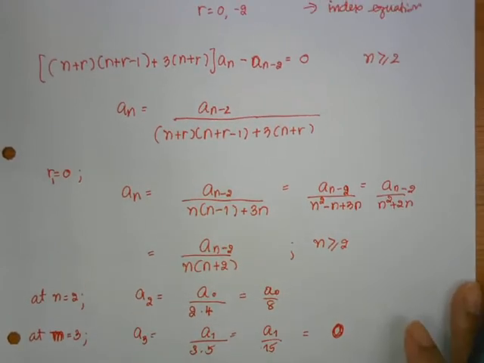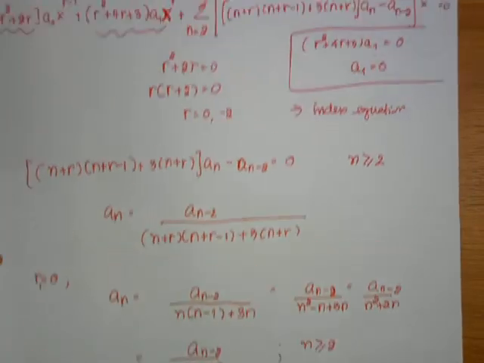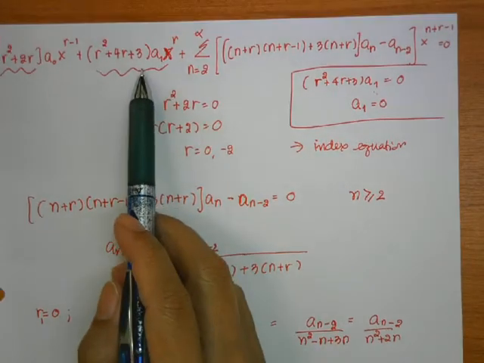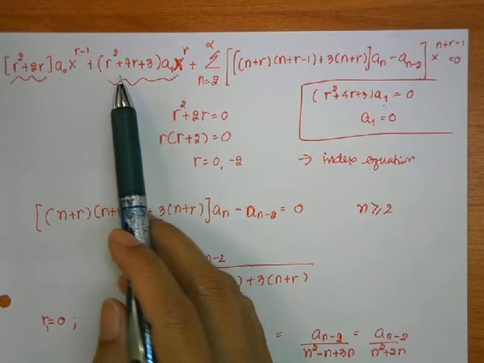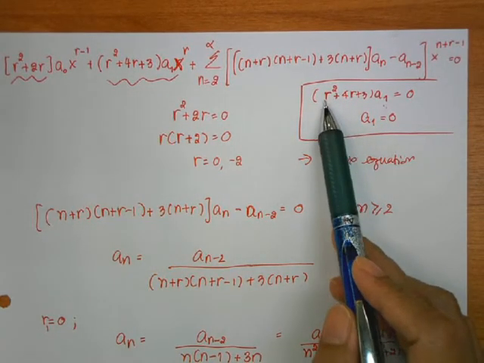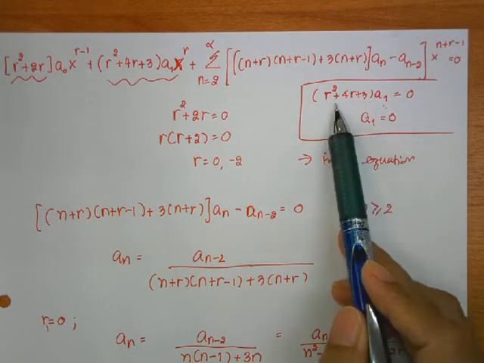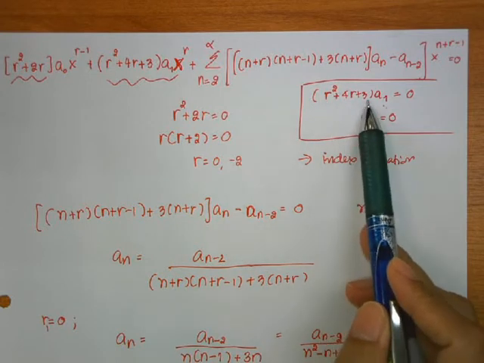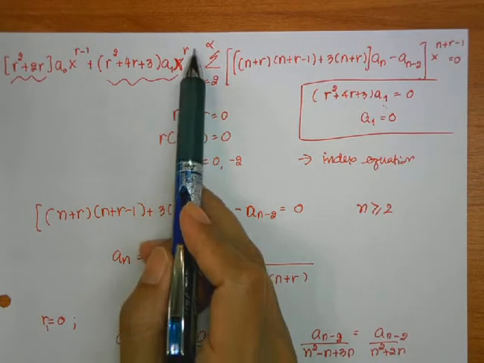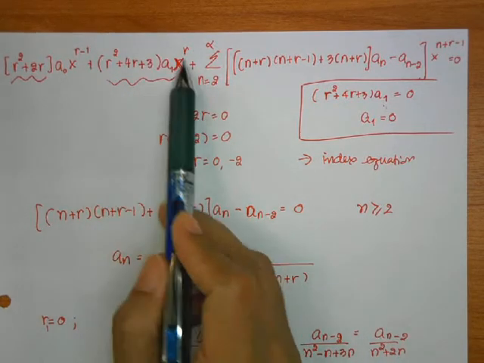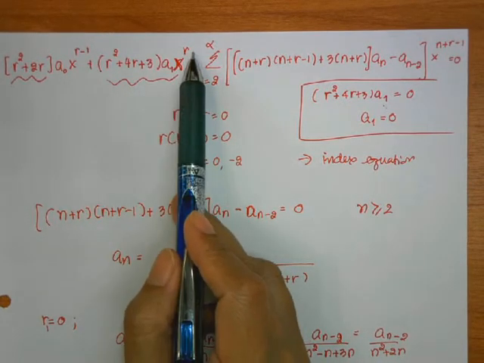Okay. Before we go in depth, what does this term give to us? This term gives to us that the term inside the parenthesis is not equal to 0, right? This one we're using the comparing of the coefficients of x to the power of r.